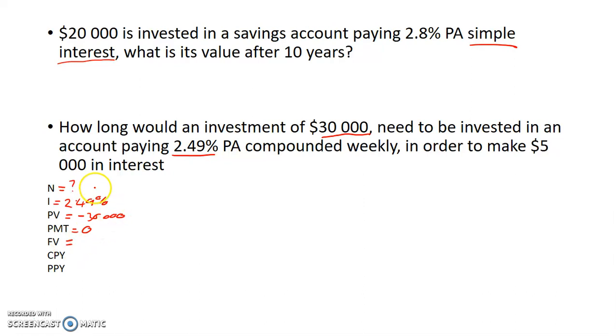Final value: we need to make $5,000 in interest. This is where understanding the question is important. We put $30,000 in and we need to make $5,000 in interest, so we need the final value or future value to be $35,000. It has to be the money you invested plus the $5,000 in interest, and it's compounded weekly, so we've got 52 and 52. We're going to plug this into a calculator.